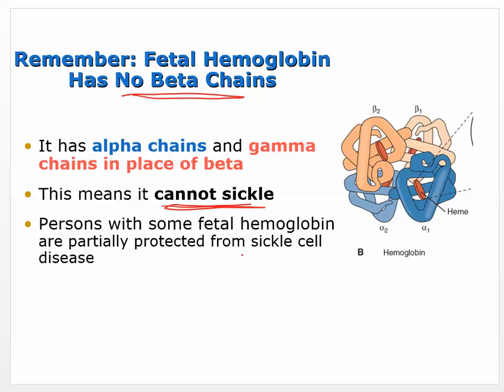Someone with some fetal hemoglobin is partially protected from sickle cell. And indeed, overall, because malaria attacks red blood cells, sickle cell in general gives some protection to malaria.